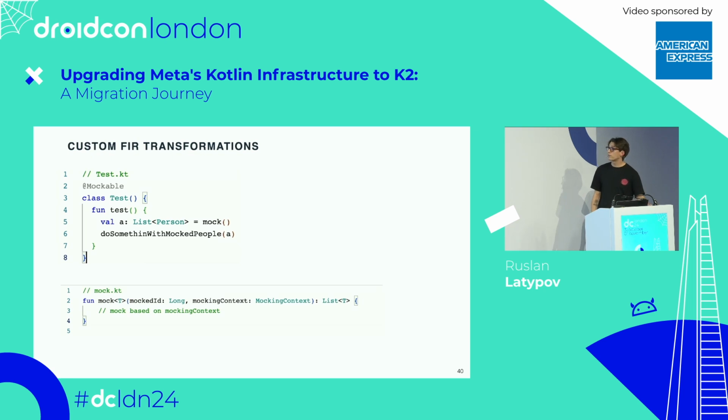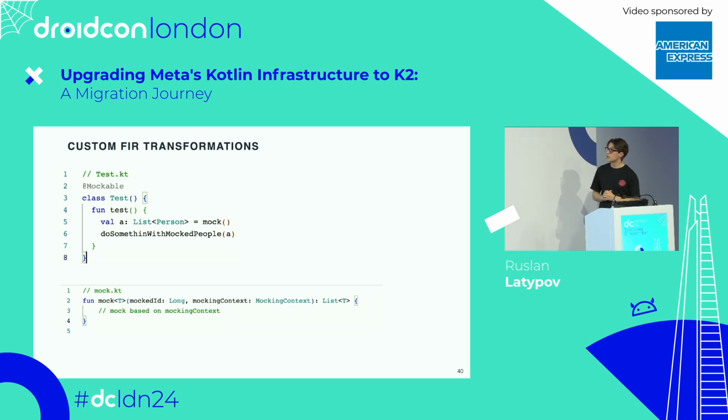For one of our frameworks, we needed to change FIR during compilation. Let's not go deep into what the framework does, but let's talk about it on a custom example. So we have a mock function which accepts a long and a mocking context, and we want to have control of the function execution points to provide simplicity for the users.